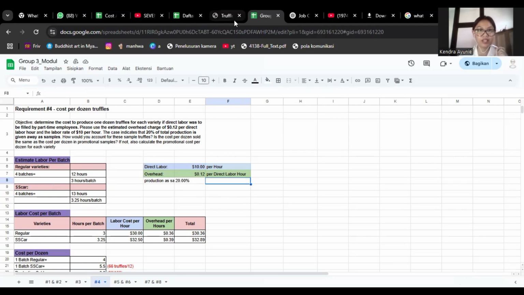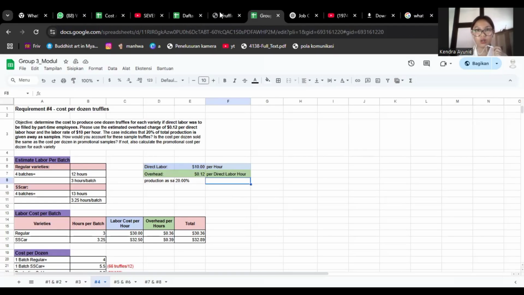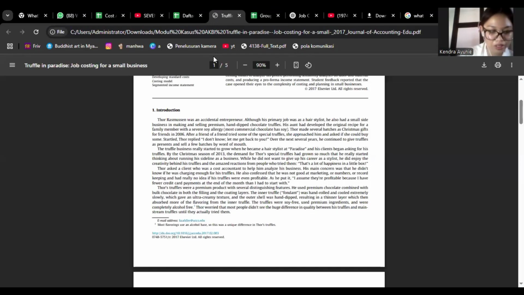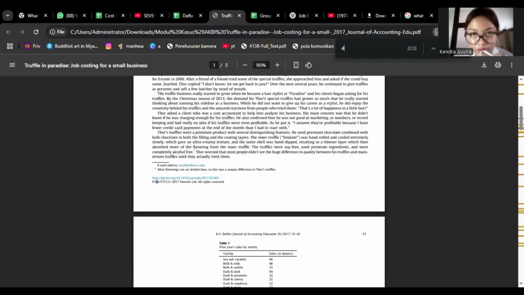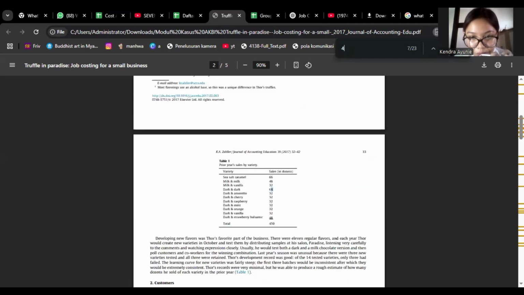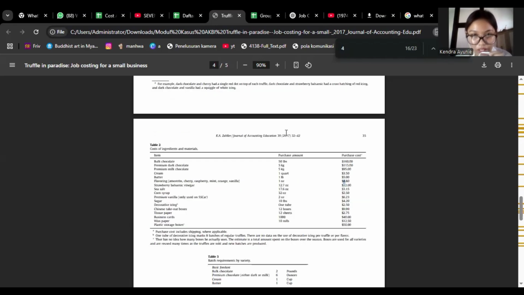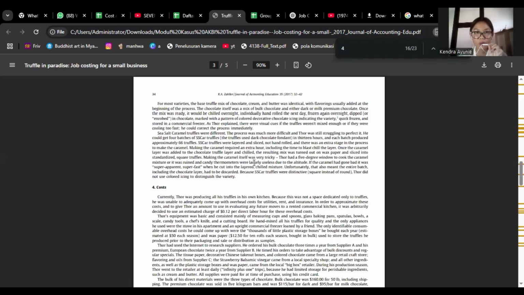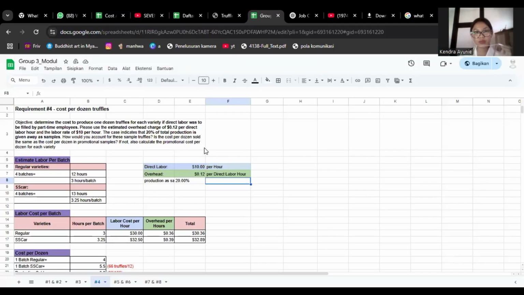Because in the journal they said that... wait, let me find it for you. Okay, I kind of forgot where it was, but the seller is Tor Ramusen, and he produces chocolate truffles.